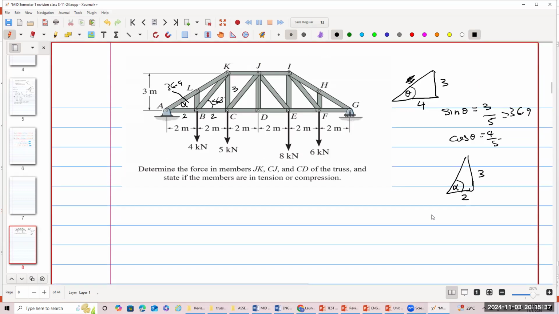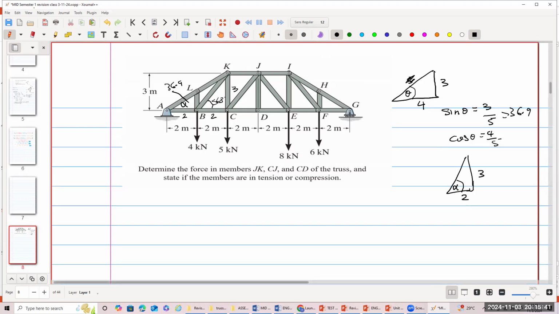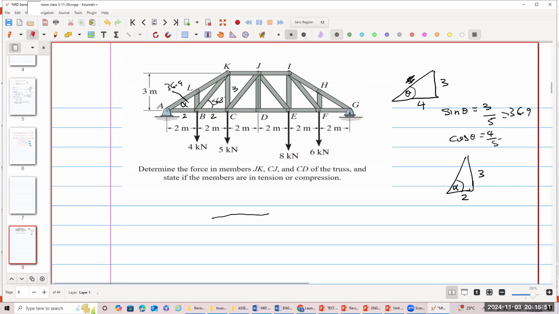We need to draw our free body diagram. So you do a quick drawing. I'm going to be as quick as possible. I'm not going to perfect this drawing here, guys. Not looking too good, so start over. All right, let's do a free body diagram.